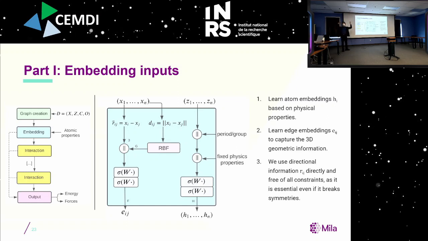Importantly, we don't have to encode our positions of atoms in some special way with special bases. We can just throw in the normal basis representation of our spatial information. And this is fine even if it breaks symmetries because we've dealt with it with the data augmentation, the frame averaging.